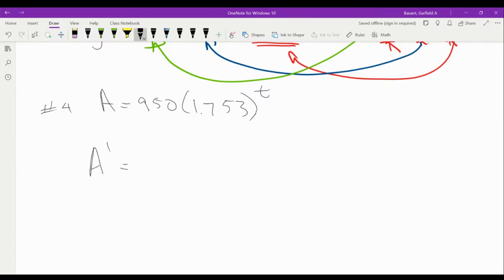Anyone have any ideas on this? No ideas? Faith. ln of 950. Myrta, no. What is the base in this problem?